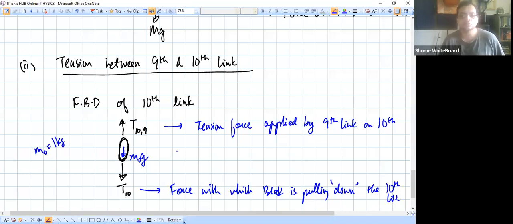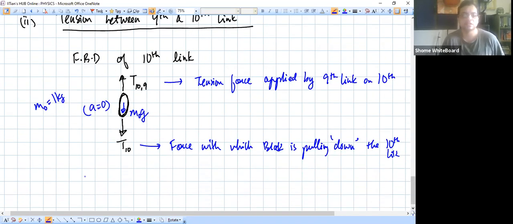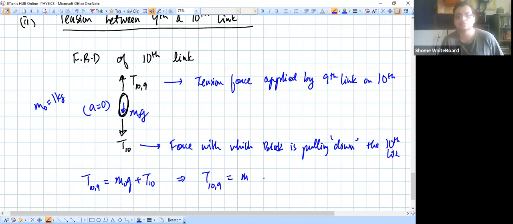Now in this FBD the acceleration is 0. So when we write the force equation, we will see that this force is balancing the sum of the weight of that link plus T10. So the force on the 10th link applied by the 9th one is equal to (m naught plus capital M) into g.